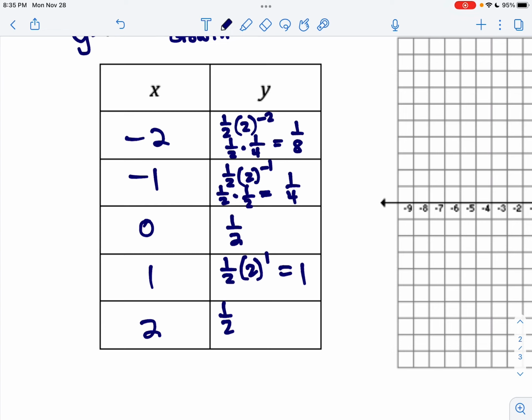And 1/2 times 2 squared is 4, so 1/2 of 4 is 2.